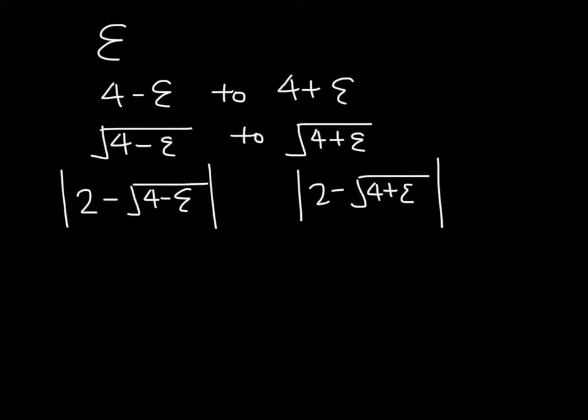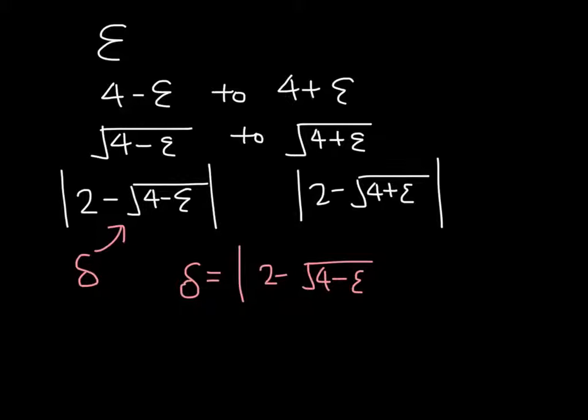We found that this value is always going to be larger, so we'll use that as our delta, meaning that our delta always equals the absolute value of 2 minus the square root of 4 minus epsilon.